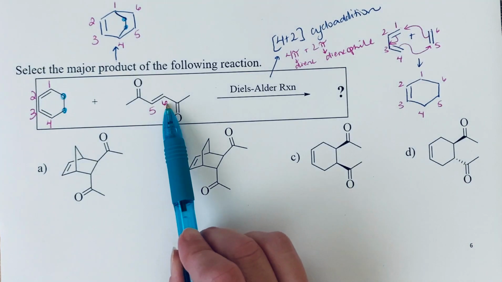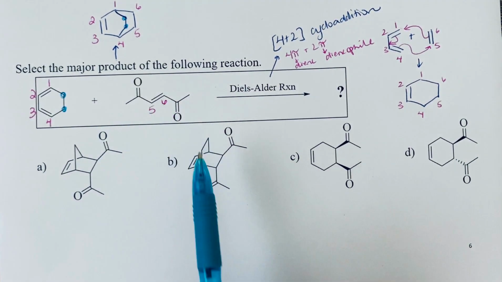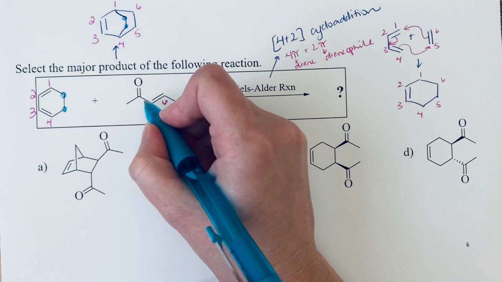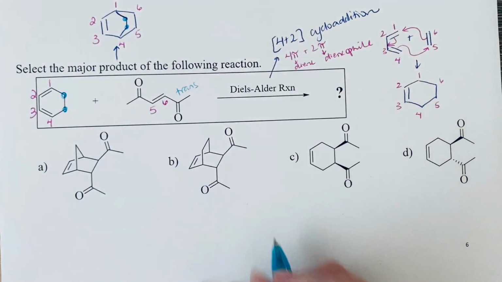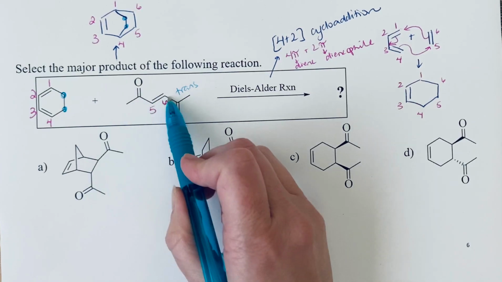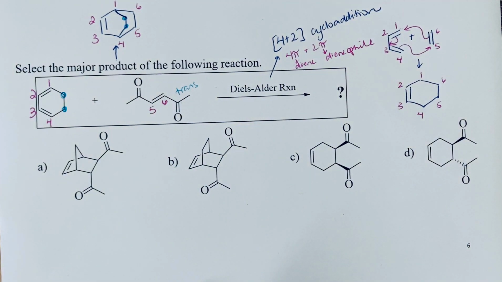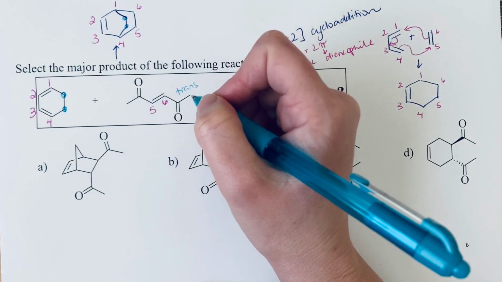And then on carbons 5 and 6, each of them have this methyl ketone. And we also want to notice that this alkene is a transalkene. And we see that because we have 1 bond pointing up and 1 bond pointing down. So they're pointing in opposite directions. Okay.